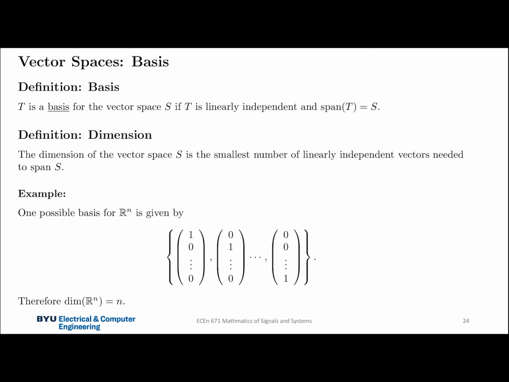Because they're linearly independent. Now we're going to talk about the dimension. The dimension of the vector space S is the smallest number of linearly independent vectors needed to span S. So, for example, the vectors (1, 0) and others I don't have a good example of are linearly dependent.